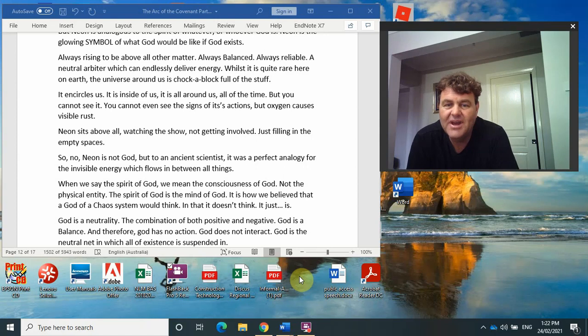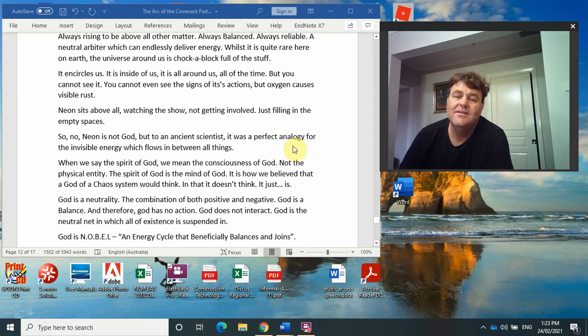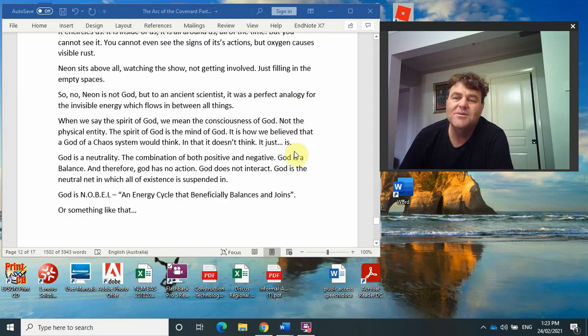It's the combination of both positive and negative. God is a balance, and therefore God has no action to take. God does not interact. His mind is neutral. The Spirit of God is to let it be.